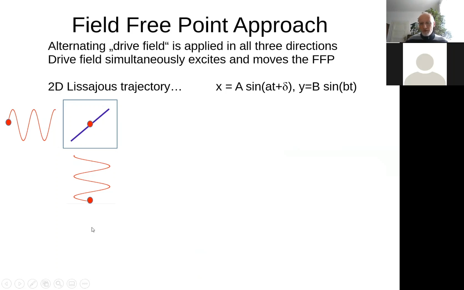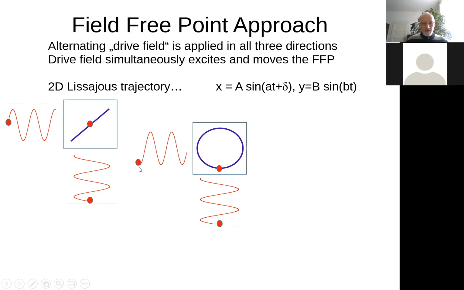First, look what happens if I use 2 dimensions only, so 2 fields with the same frequency and same phase. Then the zero point will move along this line. If I change the phase, so this field starts at -1, this at 0, then the field-free point will move in a circle.